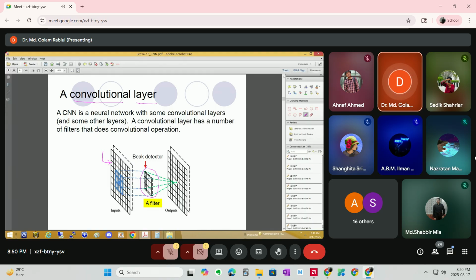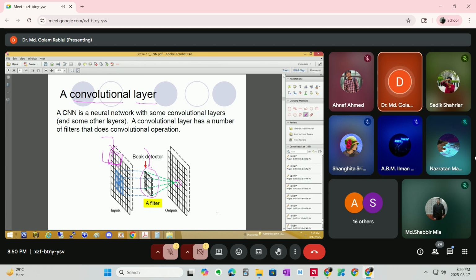So what we will do is apply some convolution operation, as we divided the image into some patches. This is the first patch, and this detector will apply the convolution operation here with this patch, and then it will find out some value.